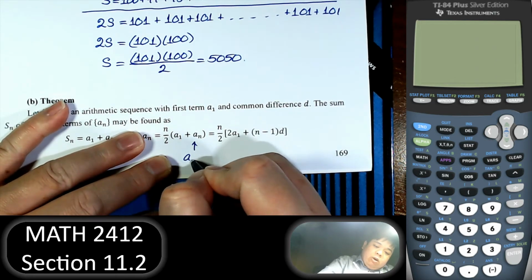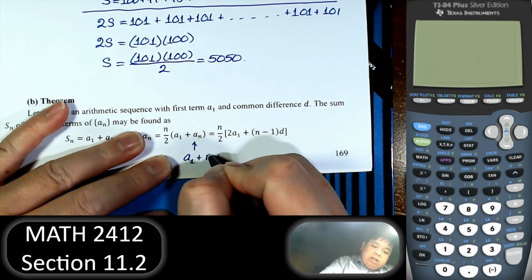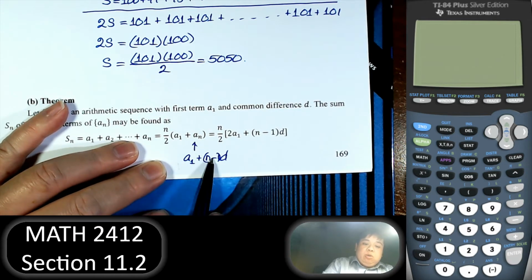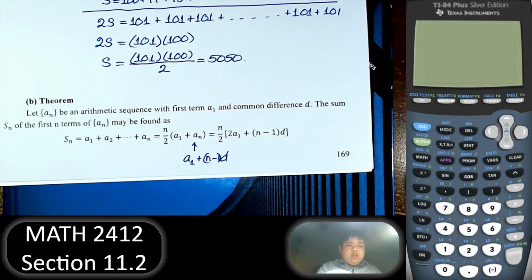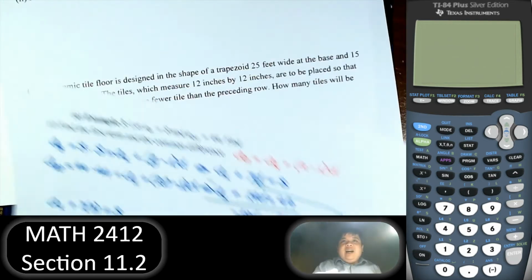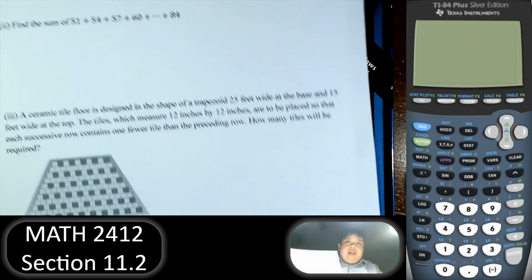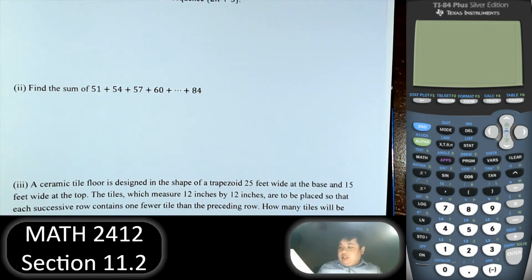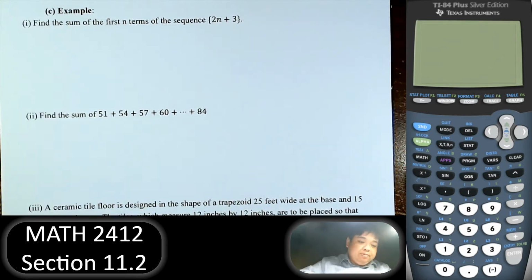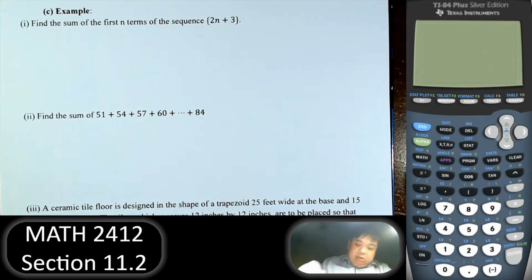Here we have a1 plus a1 makes 2 a1, and then still n minus 1 times d. So we can use either formula, but n over 2 times the first plus the nth term is more common and easy to memorize.